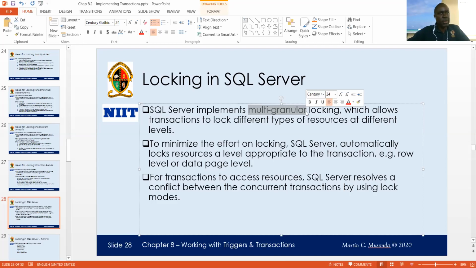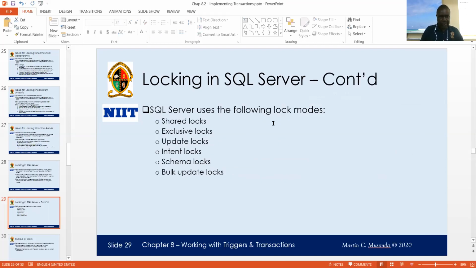This user is trying to make changes to this same data, which another user is trying to modify. Those are conflicts. And SQL Server has a number of mechanisms for resolving such conflicts.